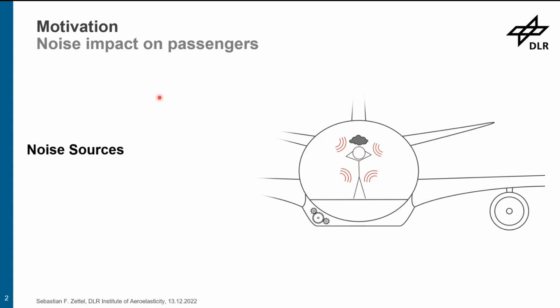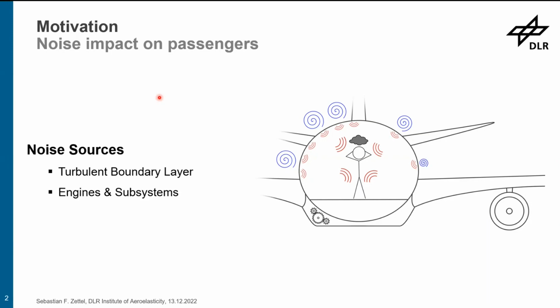First of all, I want to start with a little motivation. Passengers in aircraft cabins are impacted by a lot of noise from different sources. First, we have the turbulent boundary layer, which is acting on the outside of the fuselage. This boundary layer excites the fuselage and eventually also the cavity inside the cabin, which results in noise.